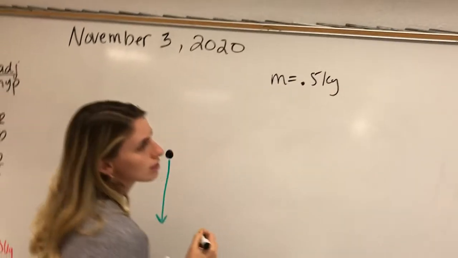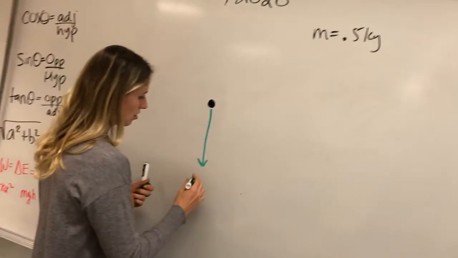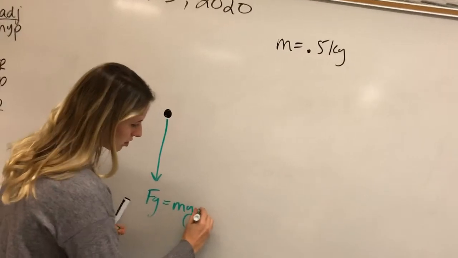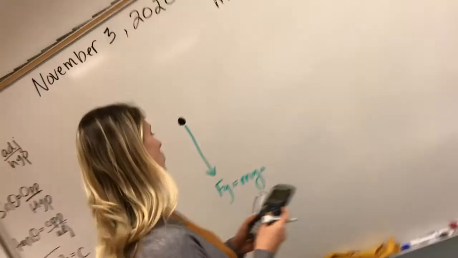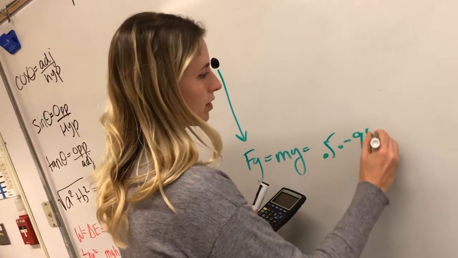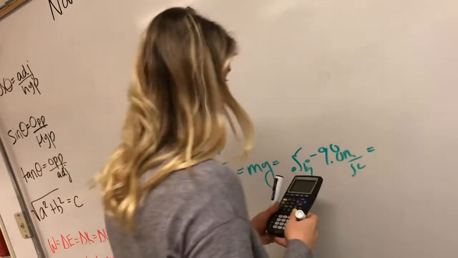If we know the mass, what can we calculate? We can calculate the force of gravity. Force of gravity is mass times gravity, which equals 0.5 times negative 9.8 meters per second squared.